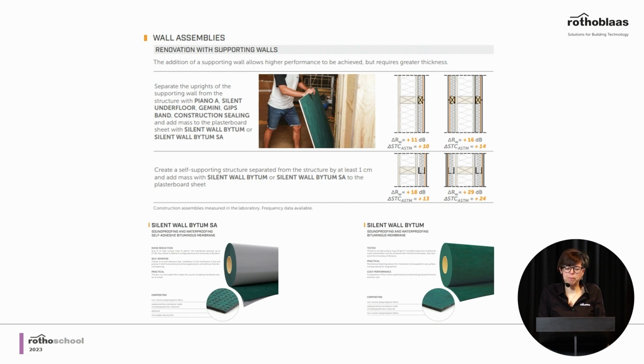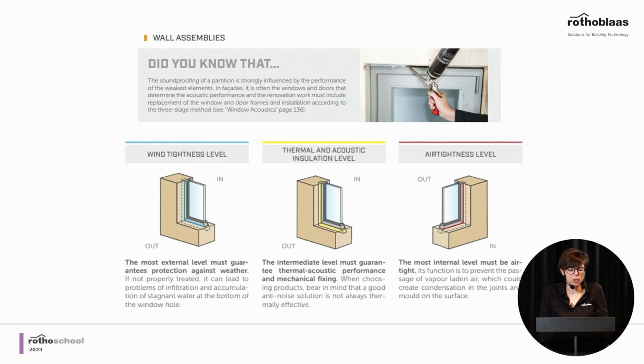But anyway, we have seen that we can improve the acoustic performance of our walls, adding massive membranes or separating layers. But pay attention, because if we are working on a facade, many times the problem is not the facade itself, but the window, or if you have some ventilation elements and so on.